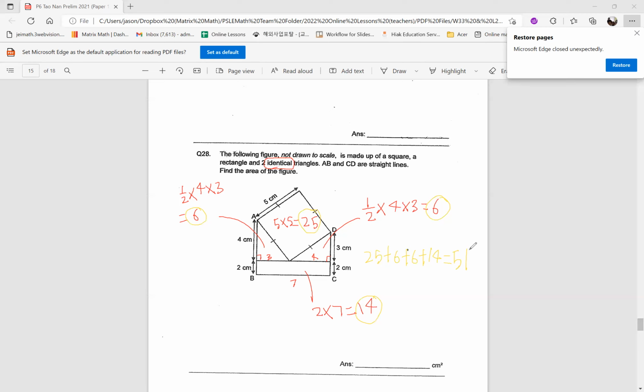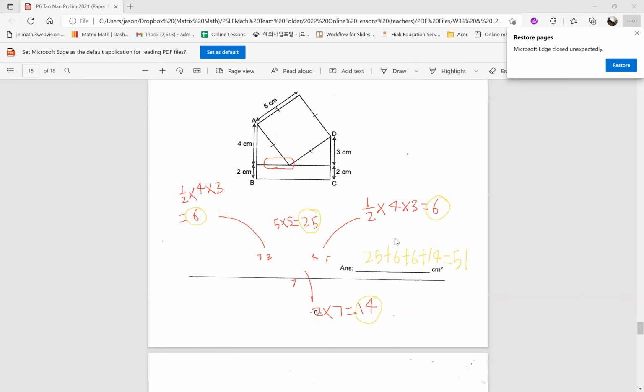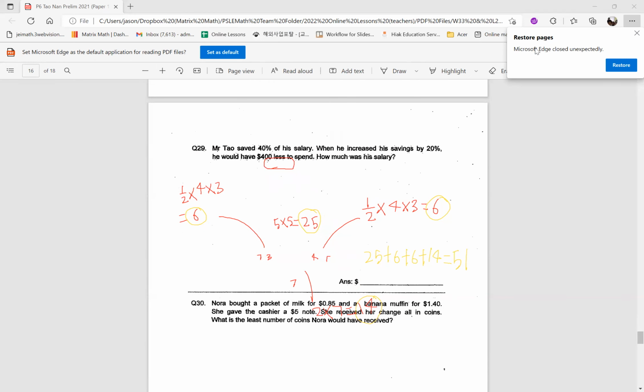Okay, let's look at question number 29. Mr. Tao saved 40% of his salary. When he increased his savings by 20%, he would have $400 less to spend.